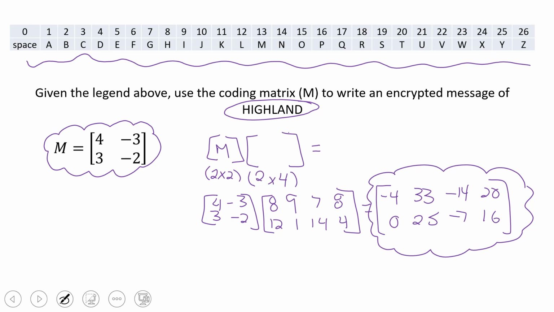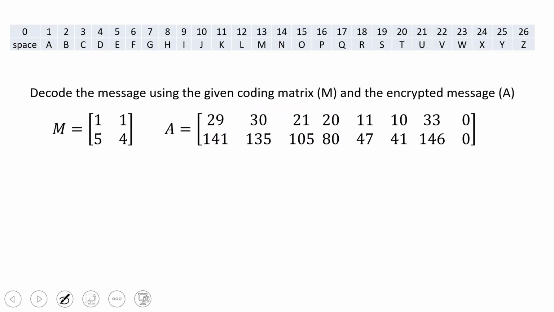Okay, now let's reverse the process. What if I use the same key or the same legend? I have this is my key and this is my secret message, and I need to decode it.